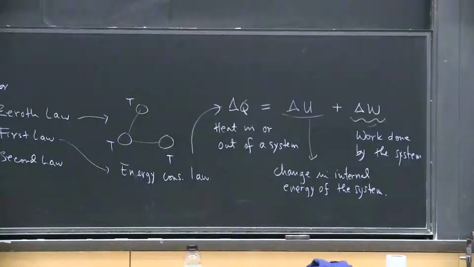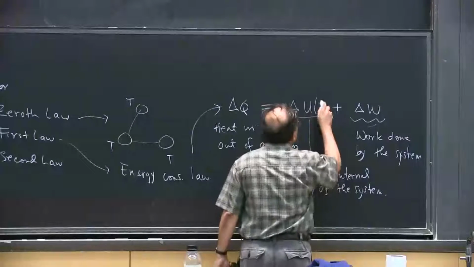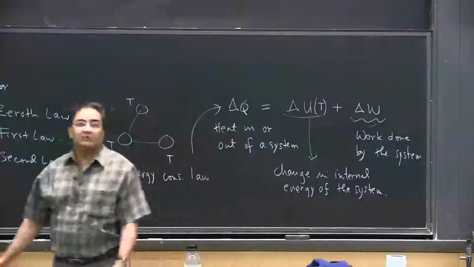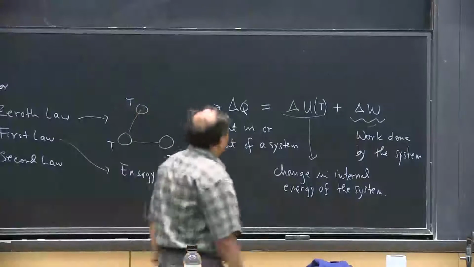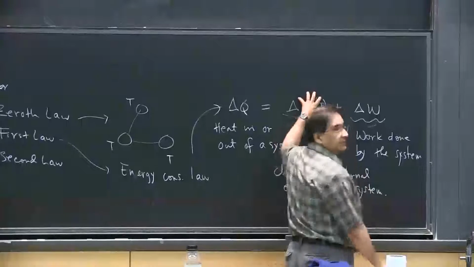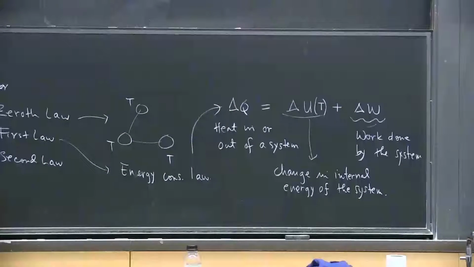The change in internal energy of a system almost always depends very strongly on the absolute temperature and its changes of the system. So if the absolute temperature changes, then delta U will change. So in isothermal processes where temperature would not change, this thing may not actually change very much. So that's just to give you an intuitive feeling of how this works.